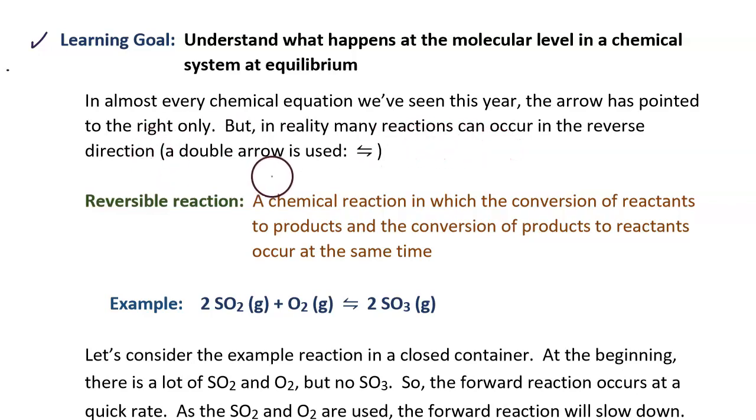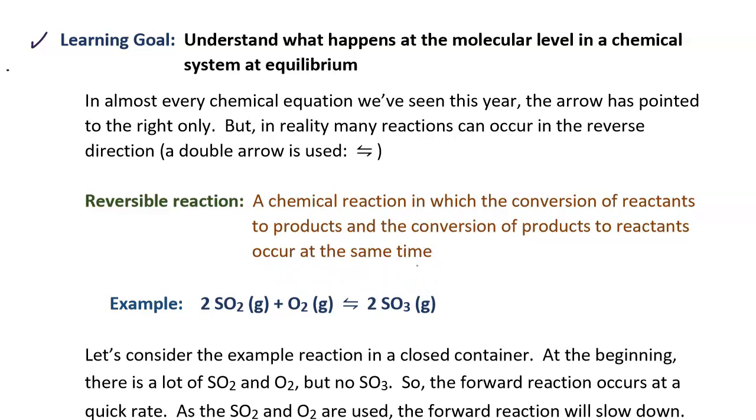So instead of using a single arrow that points to the right, it would be more accurate to use a double arrow, one pointing to the right, one pointing to the left. The double arrow indicates a reversible reaction. This is a chemical reaction in which the conversion of reactants to products and the conversion of the products back to the reactants occurs at the same time.